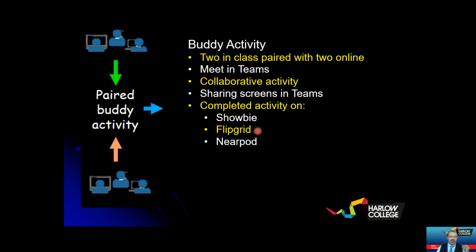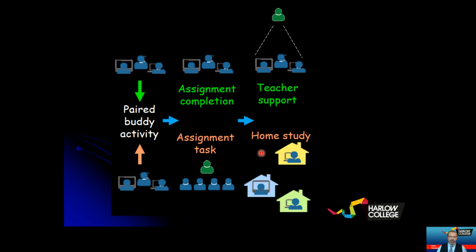Flipgrid is a great way, students love Flipgrid, so now they're going to get together and create a short video clip to answer that response. Padlet is another way that we could put the shared results of this collaborative activity online and available for everybody to see and for the teacher to give feedback on.